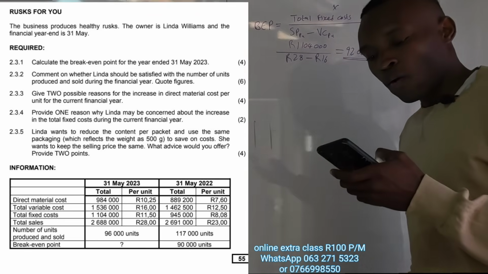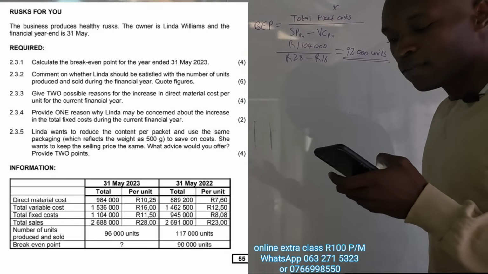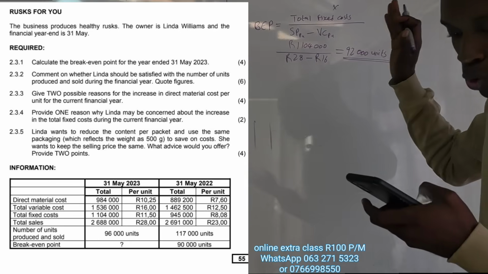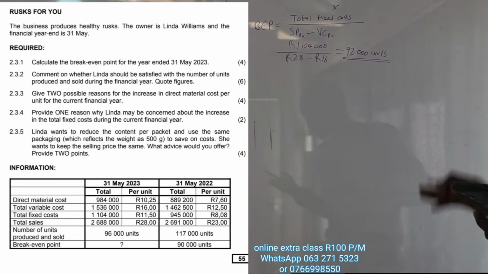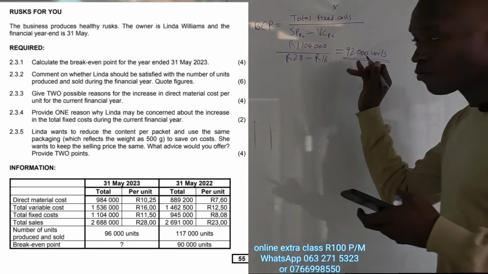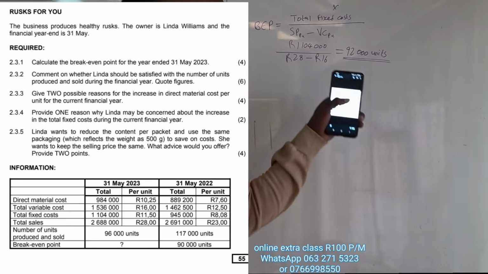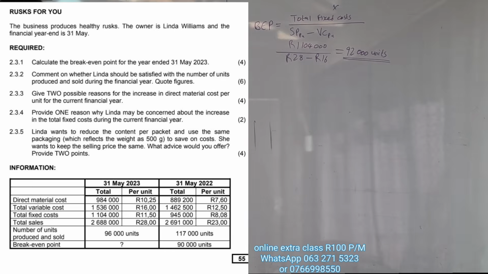Okay. Comment on whether Linda should be satisfied with the number of units produced and sold during the financial year, which means that we have to compare what she produced with the break-even point. The number of units produced in the table is 96,000.